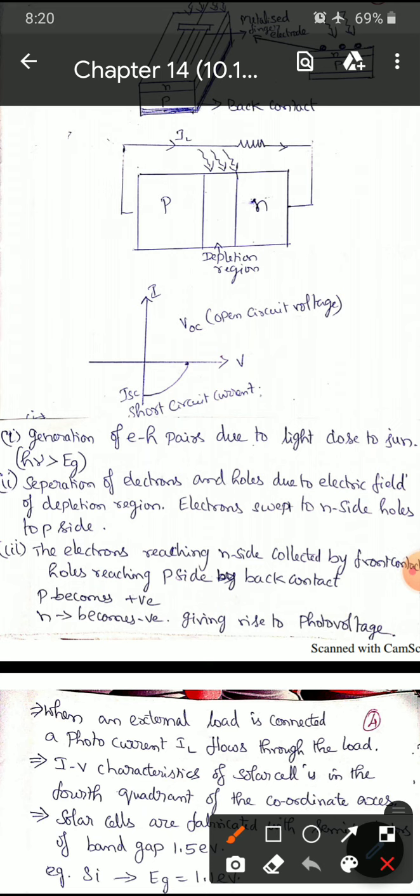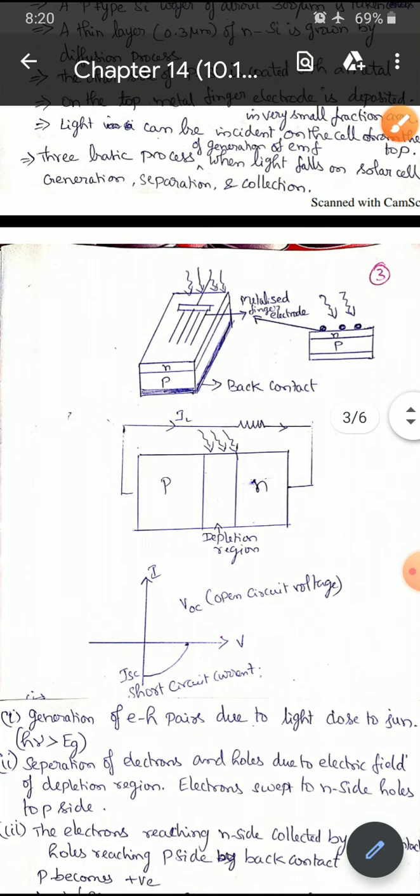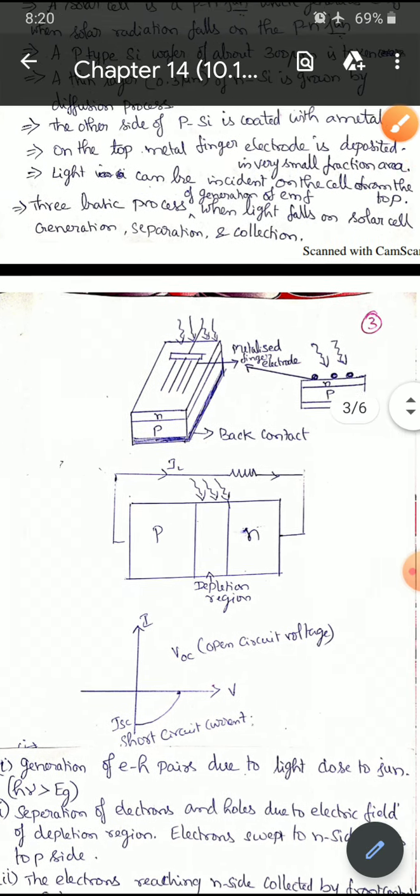Okay, and the third step will be the electrons reaching the N side will be collected by the front contact, and holes reaching the P side will be collected by the back contact. Here we have the back contact and front contact.